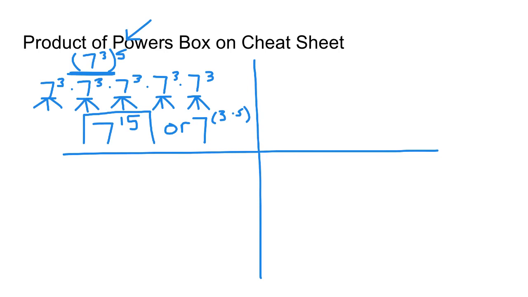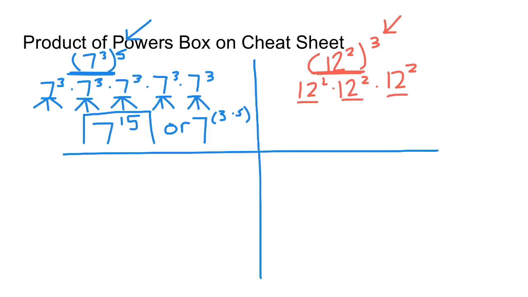All right, let me change my color. Let's do 12 squared raised to the 3rd power. Here's your base. This is how many times we're repeating it. 12 squared once, 12 squared twice, 12 squared 3 times. 1, 2, 3 times.